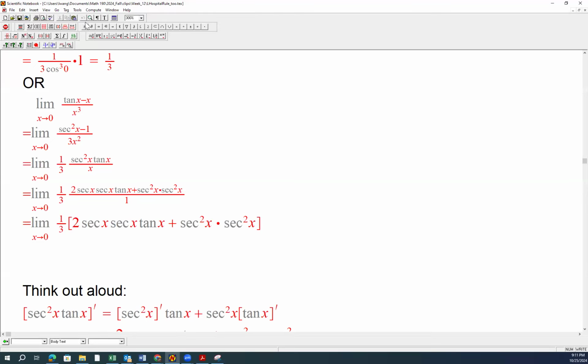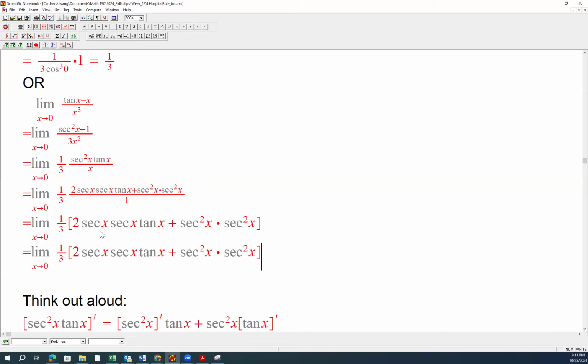Because all of these trig functions are defined and continuous. Secant to the power 2 times secant to the power 2 is going to be secant to the power 4. So secant times secant is secant squared. Not a problem at all.